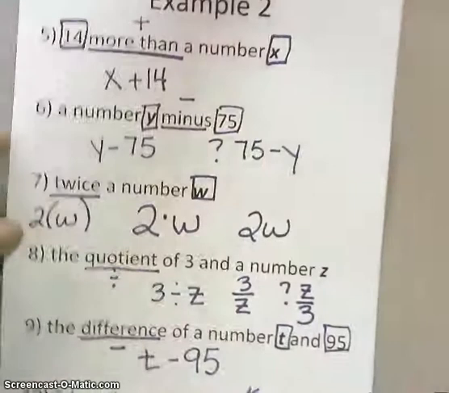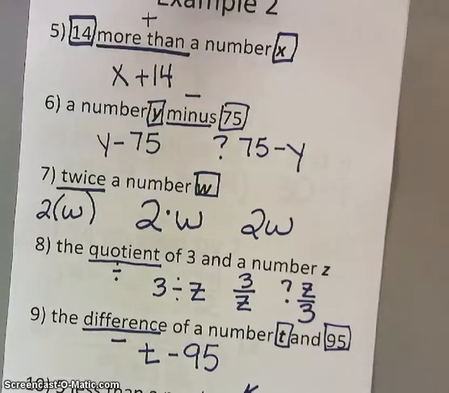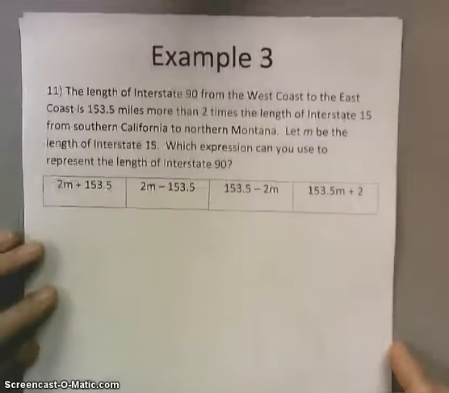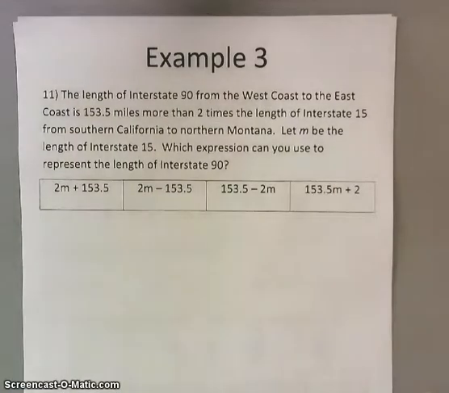Now looking at example 3, a little real-world application for you. It says the length of Interstate 90 from the west coast to the east coast is 153 5/10 miles more than 2 times the length of Interstate 15 from Southern California to northern Montana. Let M be the length of Interstate 15. Which expression can you use to represent the length of Interstate 90?